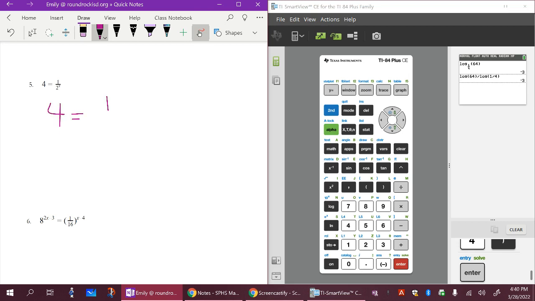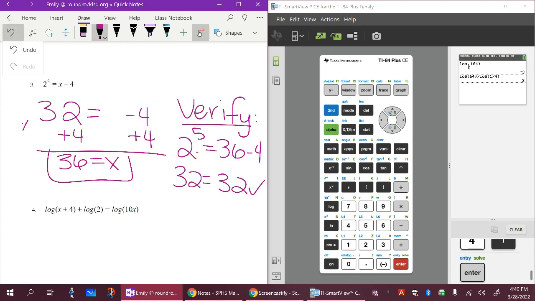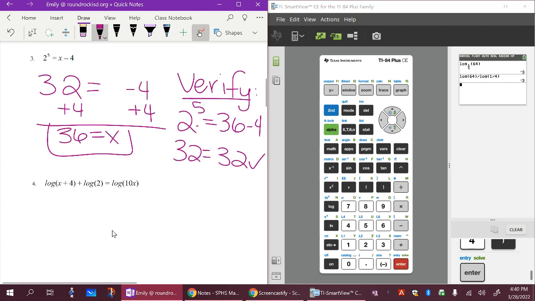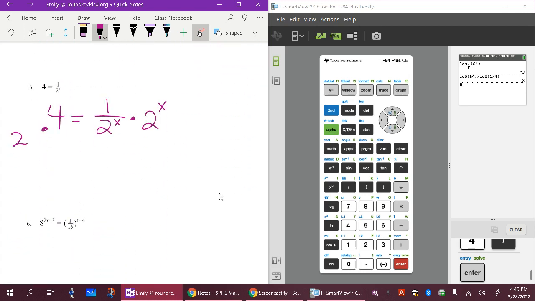So for one like this, we're just going to multiply both sides by 2 to the x. Divide by 4. So 2 to the x equals 1/4.